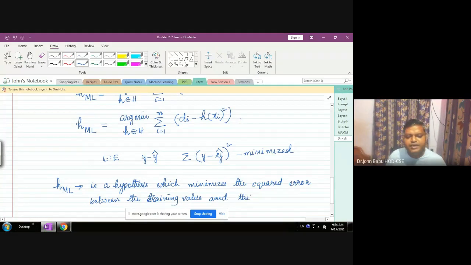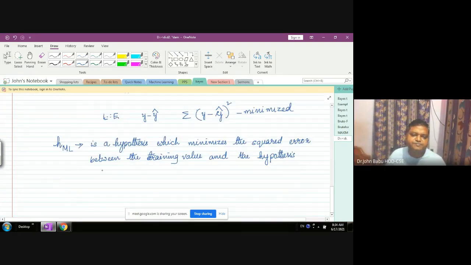The hypothesis prediction. What is hypothesis prediction? h of xi. What we are trying to do is minimize the summation of all these squares, di minus h of xi.